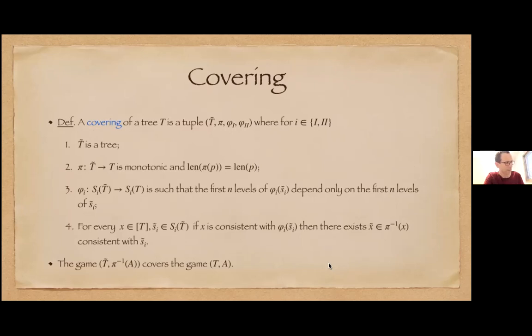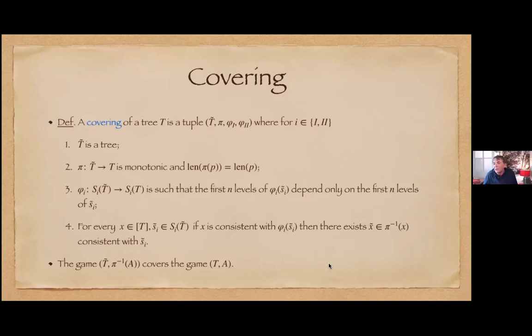If you know what the strategy tilde S does in the first n days, or in all positions of length at most n, then you already know what phi_i of S_i should do in positions of length at most n. So that was a question for the break: when does it happen that you look at histories that are not those from which you're coming? We couldn't understand the question.